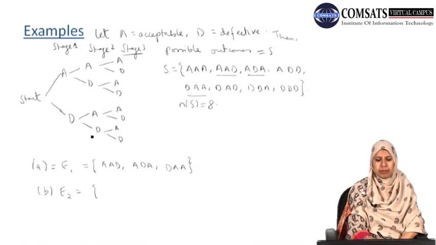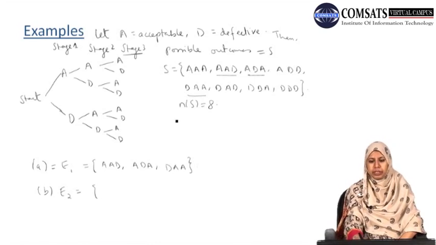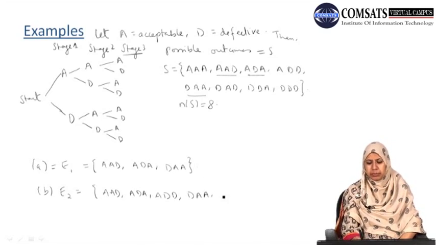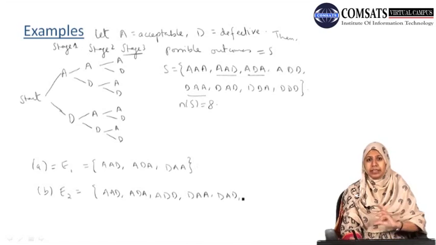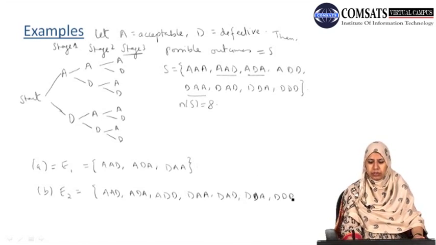So our event E2 will be, at least 1 means, our second sample point AAD, ADA, ADD, DAA, DAD, because we are asked to find at least 1, which means that more than 1 are also allowed.